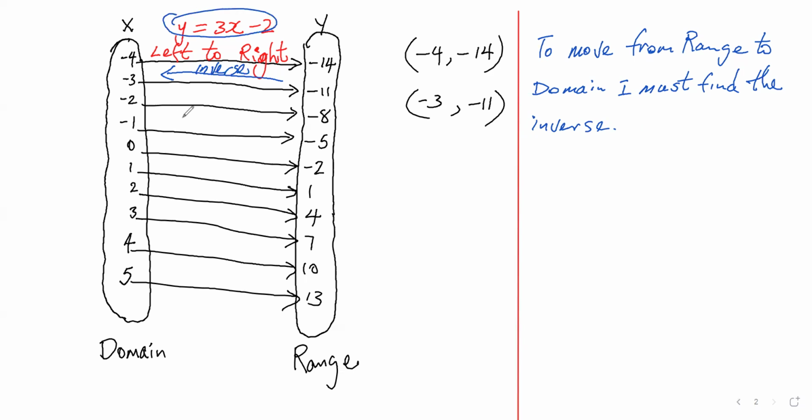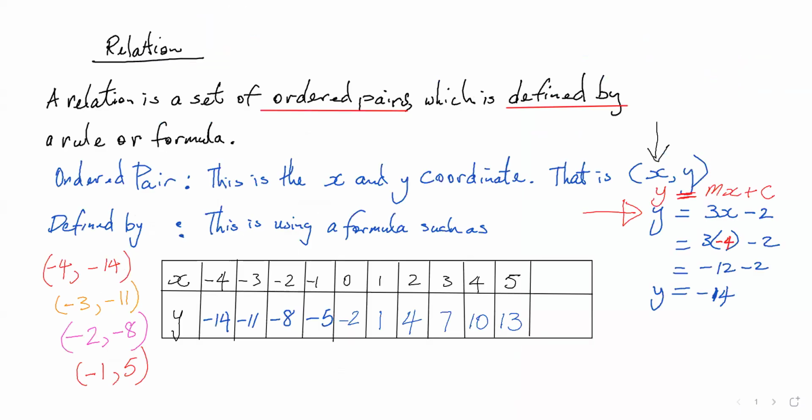All right? So let's start all over as a recap. When we started off today, we started with a relation. And we said a relation is a set of ordered pairs. For this to be ordered, it must be ordered by some formula or rule. So we gave the formula y equals 3x minus 2. Wherever we had x, we found y.